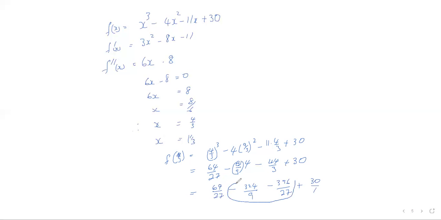You add them up. Let's see. This is 24 divided by 9, that gives us minus 36 here. And then 44 divided by 3, this is minus 14.67.